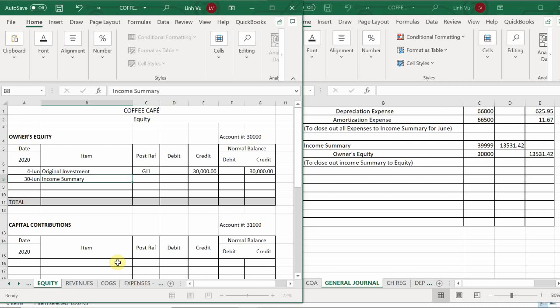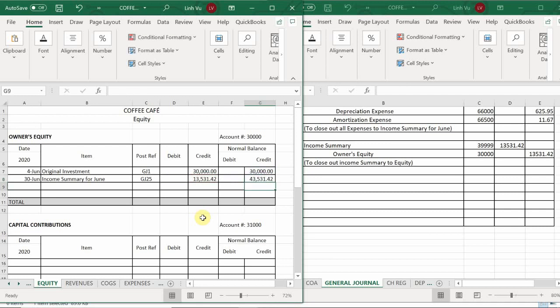Actually, I should write income summary for June, General Journal 25. Okay. And we're going to credit the account by, was it, 13,531.42.